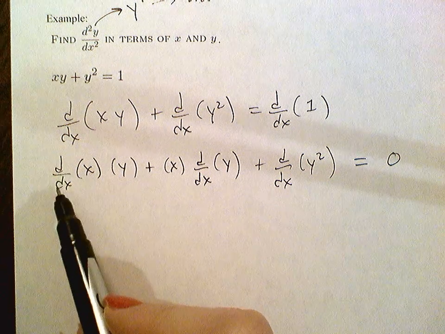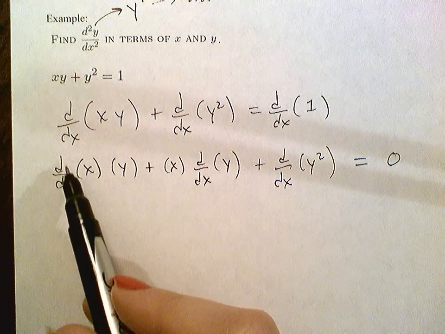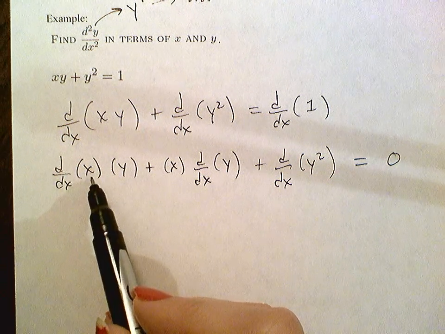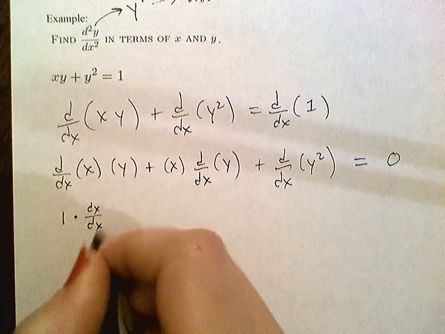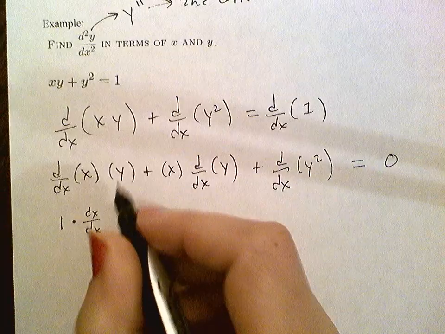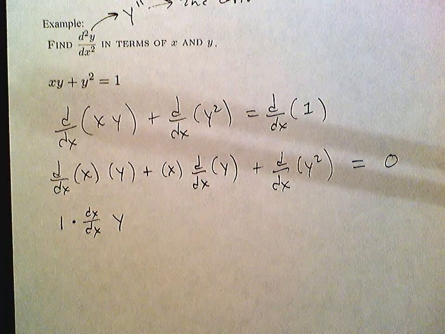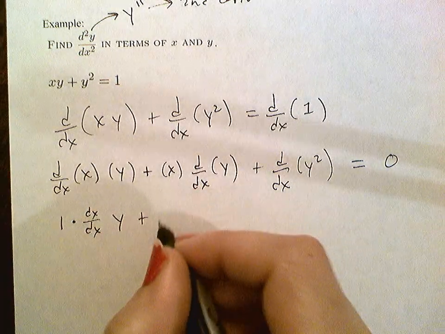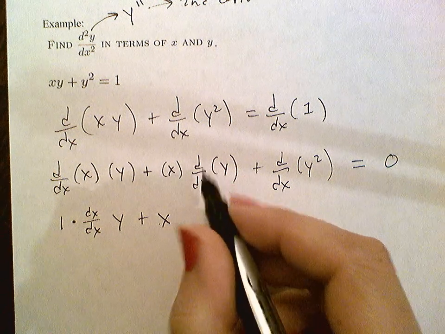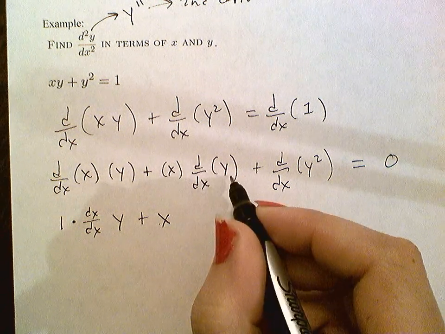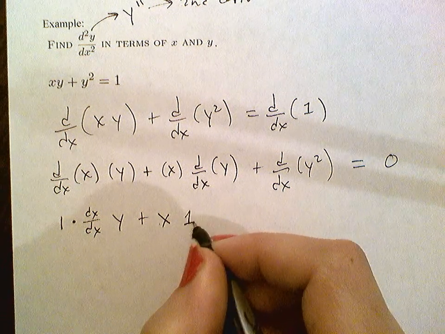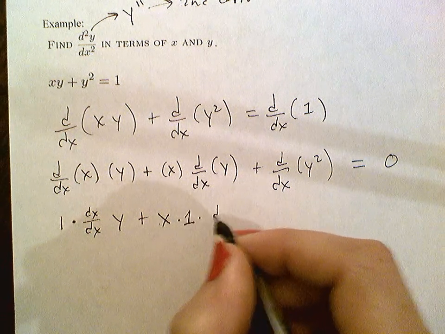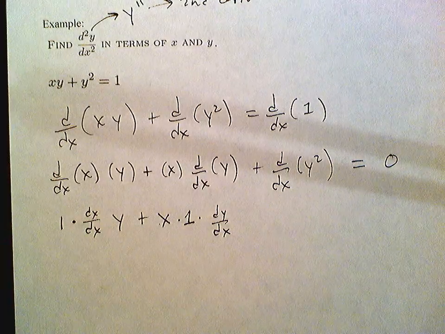So the derivative of x is just 1 times dx, and then the y comes down. And then plus this x comes down, and the derivative with respect to x of y is 1, times dy dx.